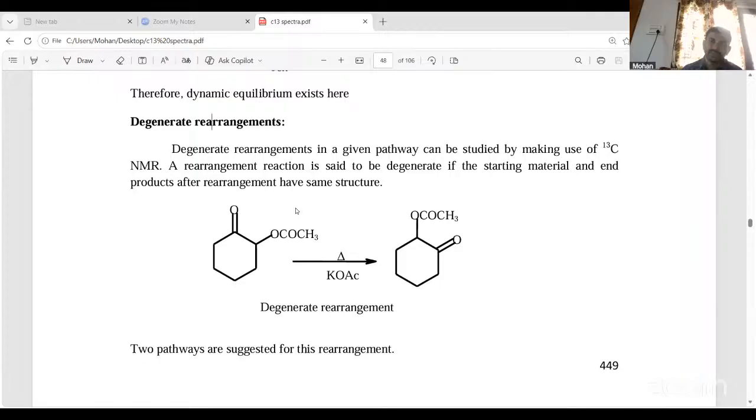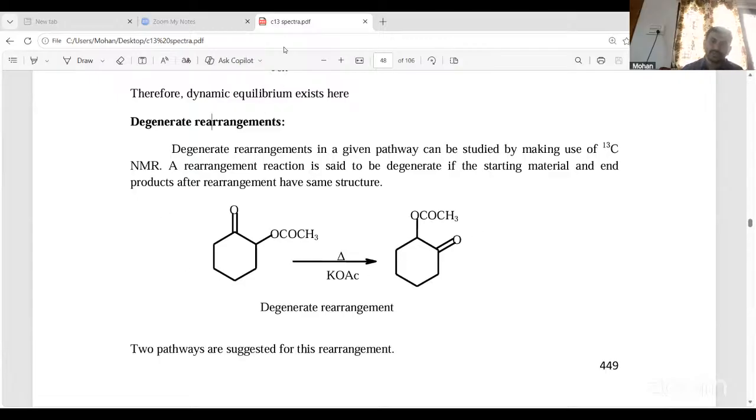A degenerate rearrangement means where the starting material, the reactant, undergoes a rearrangement reaction, and the formed product must have the same structure.